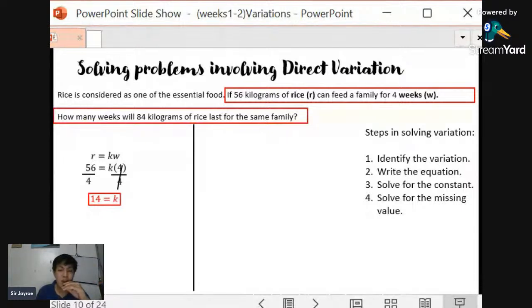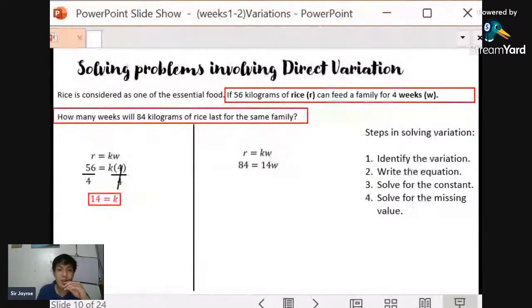So, ang given natin, so again, same equation. We're not going to change the equation. So, the number of weeks. So, meron tayong R. Ang value ng R natin ay 84. And then, ang K natin is 14. So, what or how many weeks? O, ang tanong ko, how many weeks will 84 kilograms of rice last for the same family? Ilang weeks itatagal ng 84 kilograms? O, ayan, tinatagalog na natin.